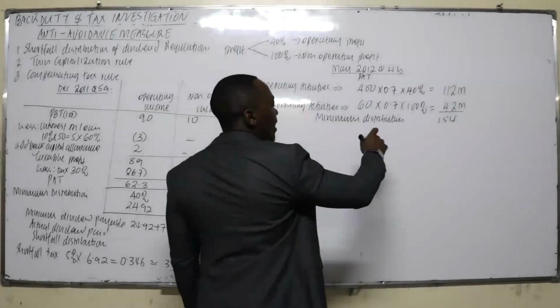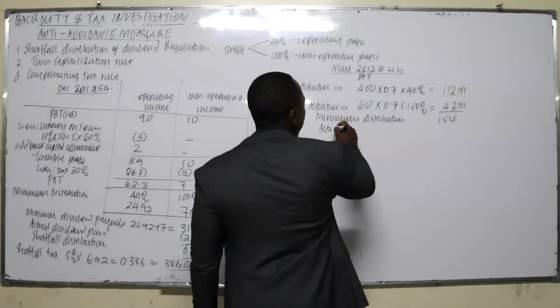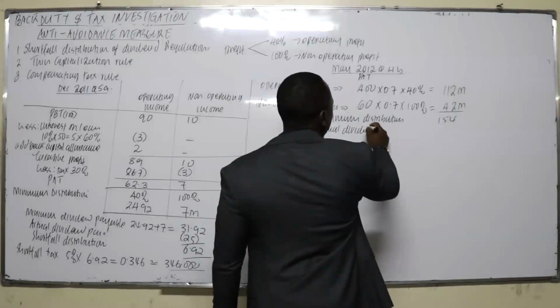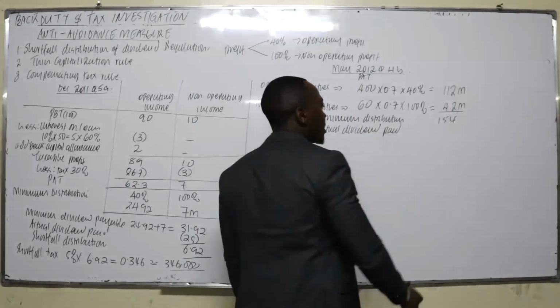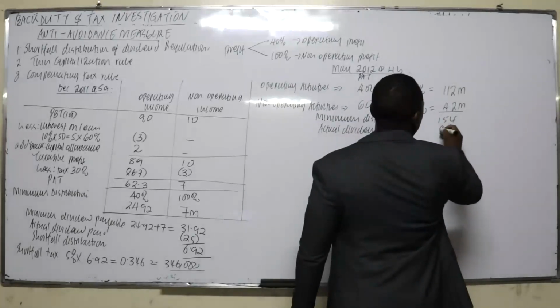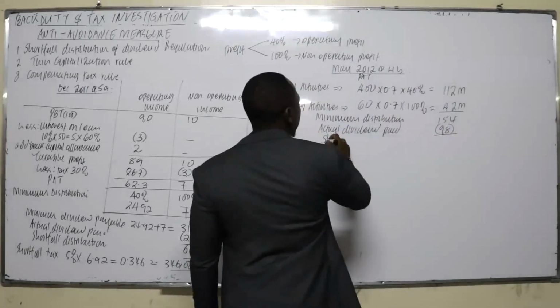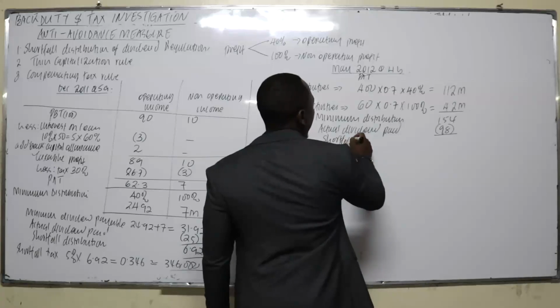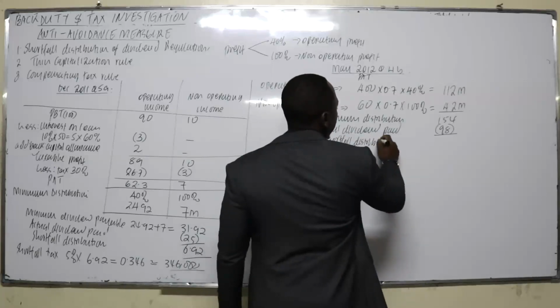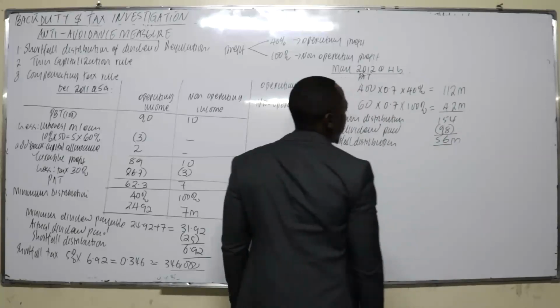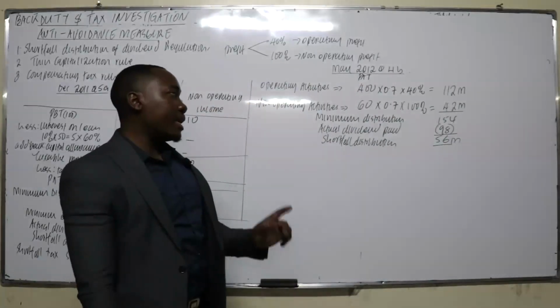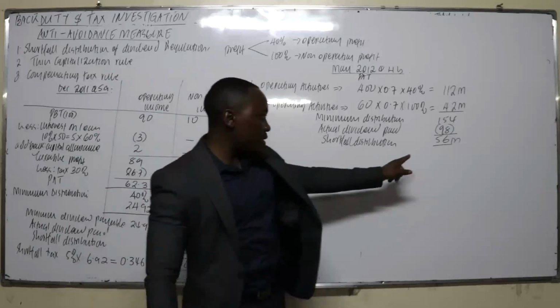Then you compare this against the actual dividends. During the year, they paid a dividend of how much? 98. So there was a shortfall distribution of an amount of 56 million. So they never distributed this 56.